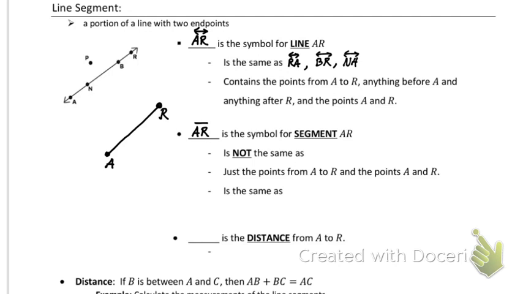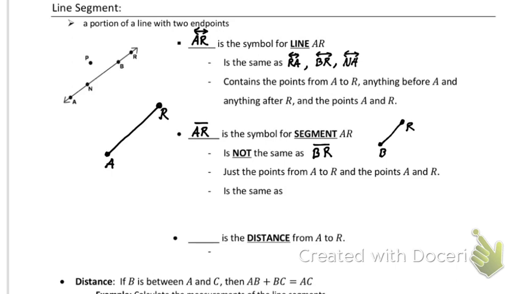I also want to point out this is not the same as just picking any two letters from the line. So segment AR is not the same as segment BR, because picture what BR would be. BR would just be that little line that goes from B to R. It would not be the same as NB.